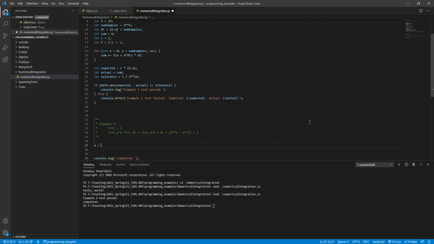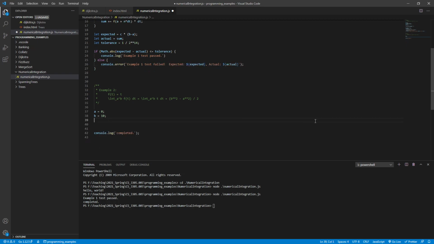So now we reinitialize our values. So a equals 0, b equals 10. Again, this is arbitrary. The number of samples. Again, we're going to use, oh, here, okay, we're only using 16 here. But we can increase it if we care to.